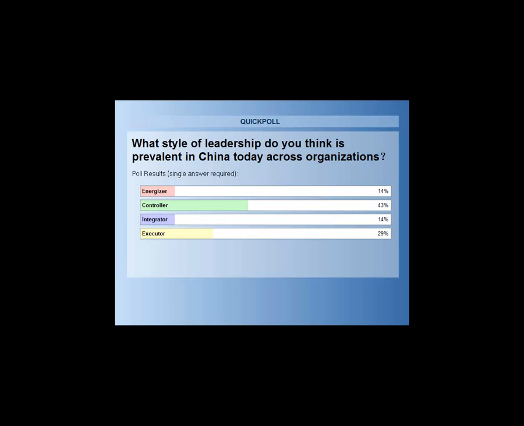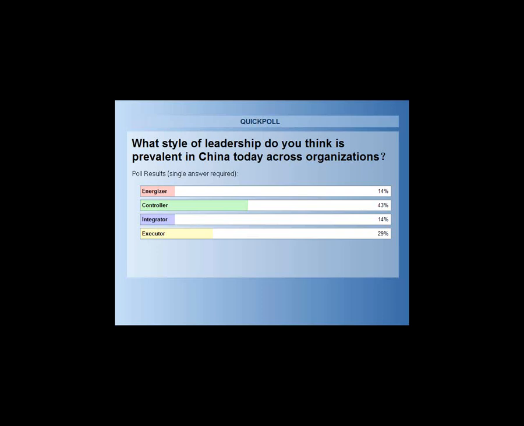However, when we look at the global best in class and clearly what we need to shift to in order to continue on the growth trajectory that China aspires to continue on, the energizer and integrator leadership styles are needed.